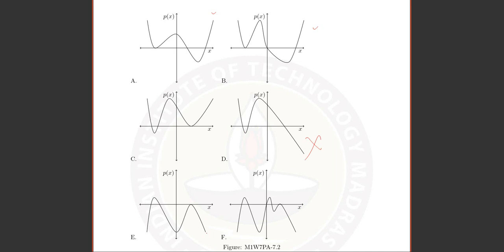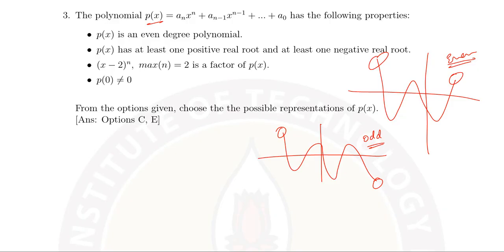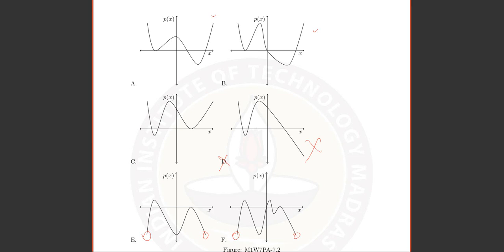And F also satisfies. Now the next condition is p of x has at least one positive real root and at least one negative real root. Now let's see which options fulfill this condition. So we can see here in the options given to us, there is one positive and one negative root.